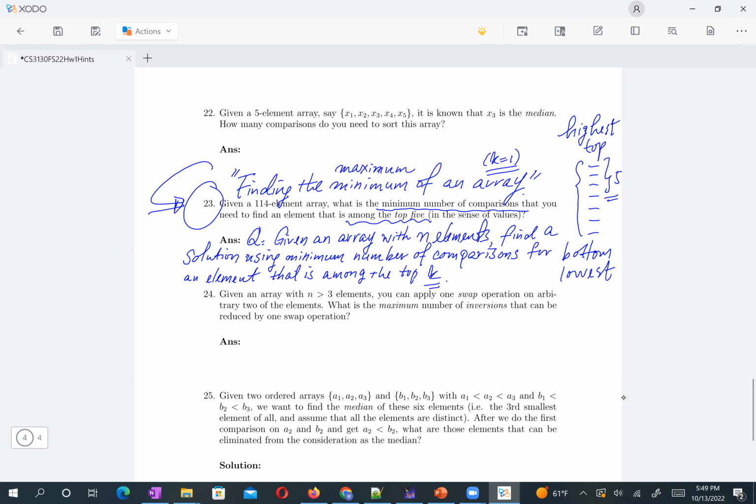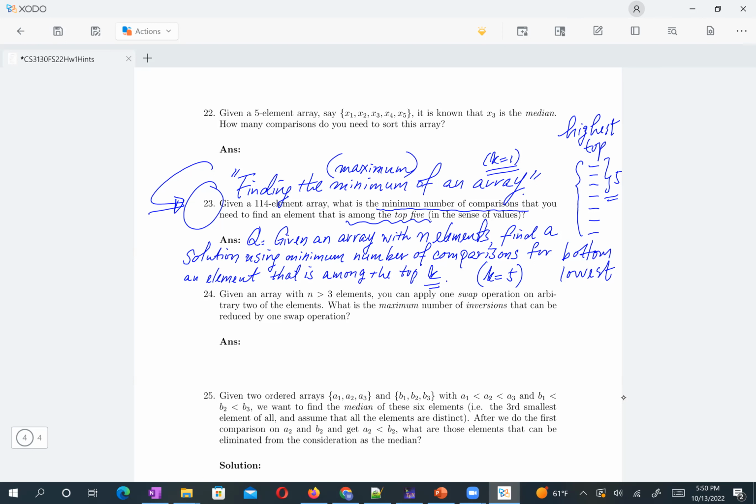Then it's top 1. And our current question number 23 is K equals 5. So these two questions are closely related. That's the first thing.